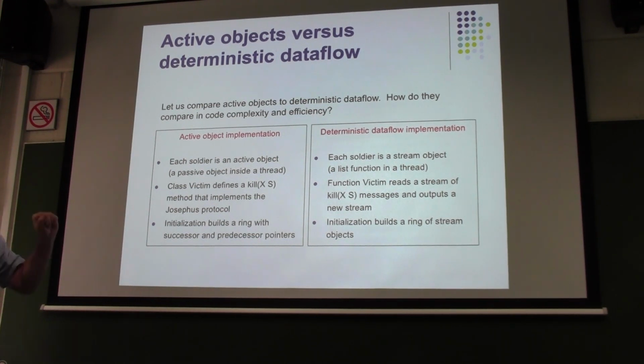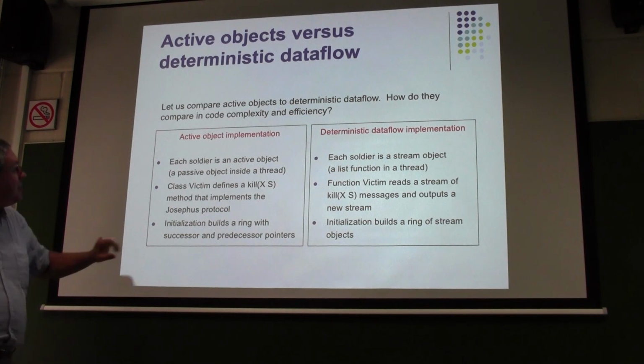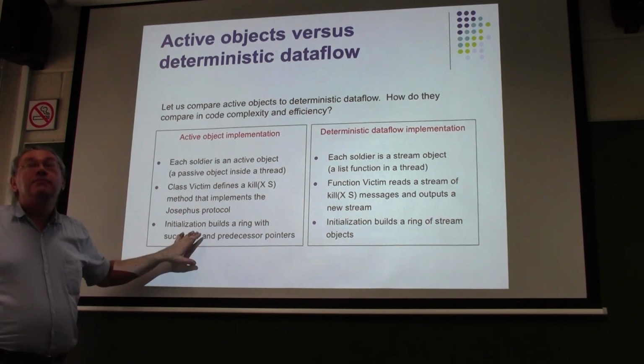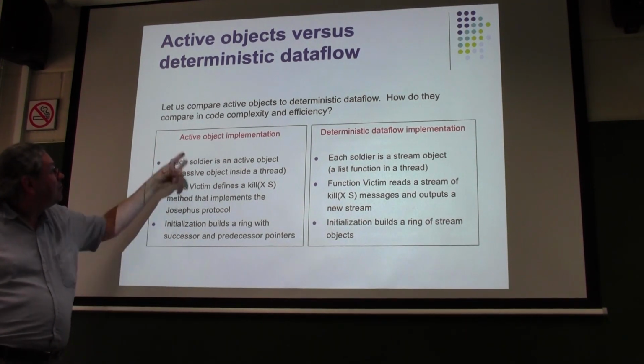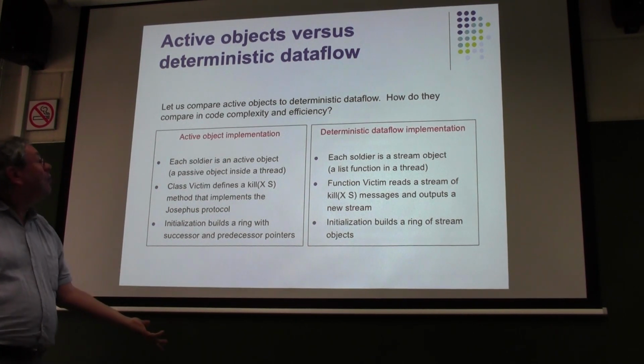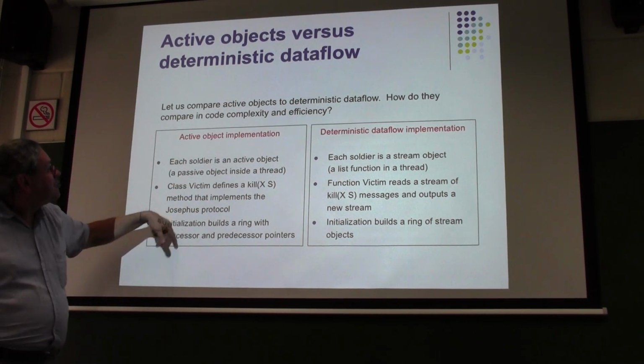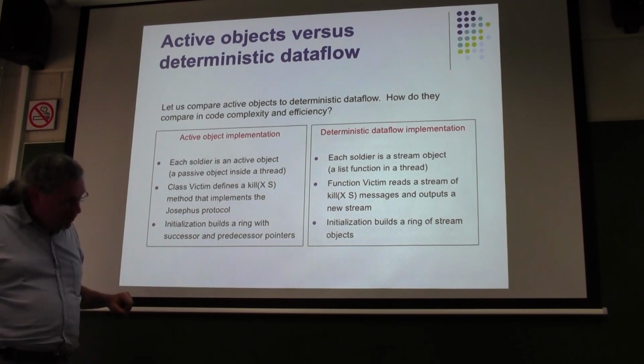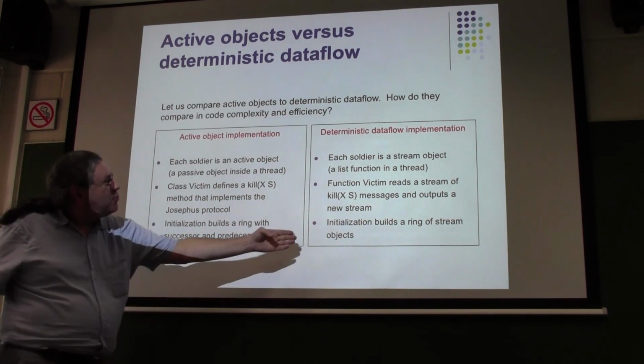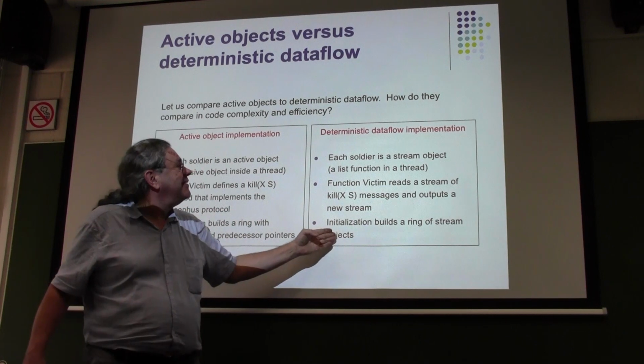You'll see how to compare. So this one is something everybody knows, object-oriented programming, active objects, which you can use in a concurrent setting very nicely. So the protocol is very intuitive here. But this way of doing things is different.